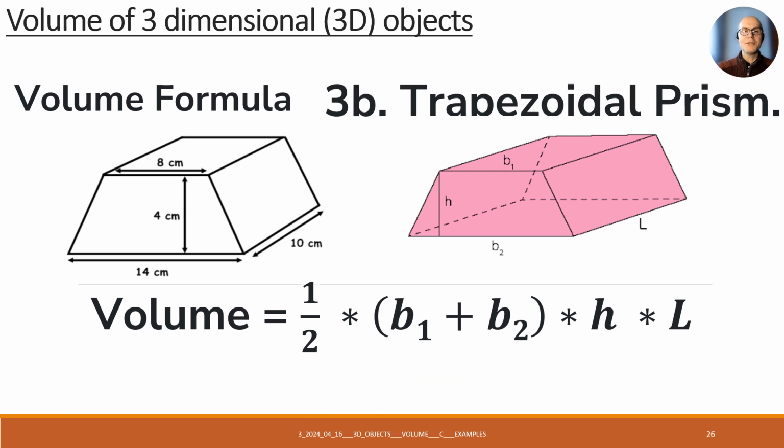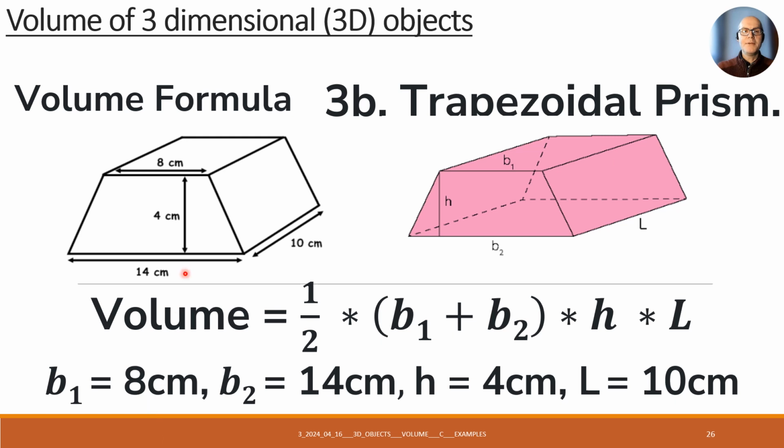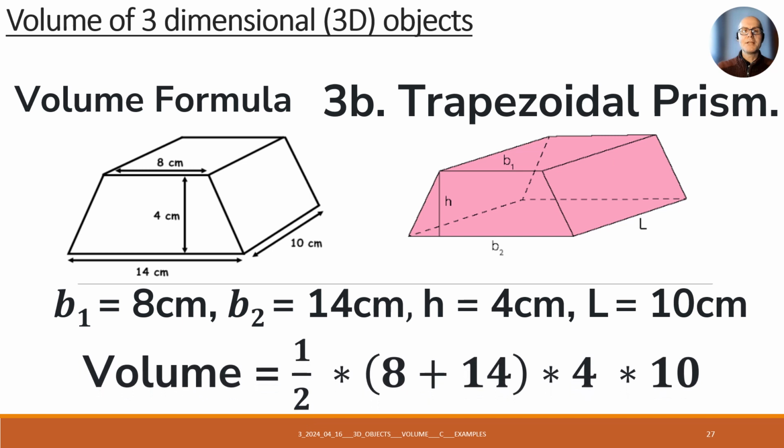B1, 8 centimeters, B2, 14 centimeters, H, 4 centimeters, and L, 10 centimeters. Let's put that into the trapezoidal volume formula. Half times 8 plus 14 times 4 times 10.